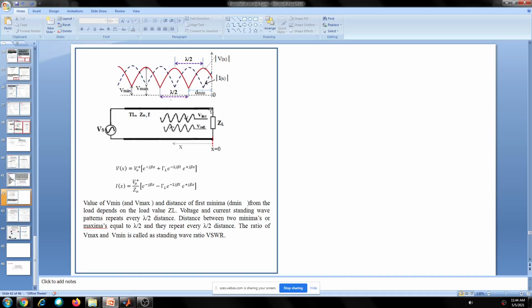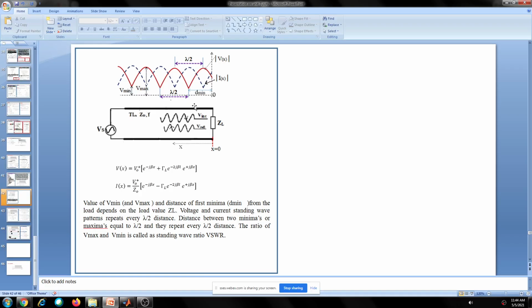As you move over the transmission line like this, the voltage will look like this. It increases and reaches a maximum, and then it decreases. If you come here, we will observe the minimum value.